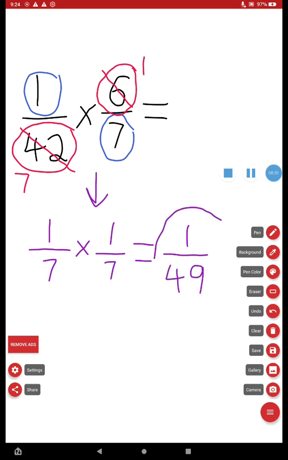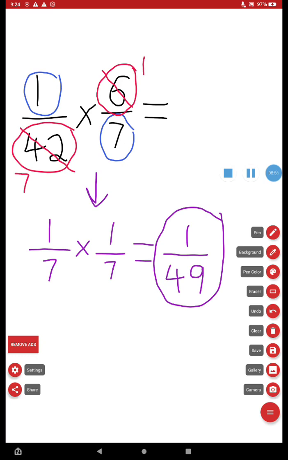All right, so what I hope you notice is that this method, simplifying before I multiply, makes it a bit easier because I didn't have to do two-step multiplication. I didn't have to do long division. I just had to know my math facts really well.